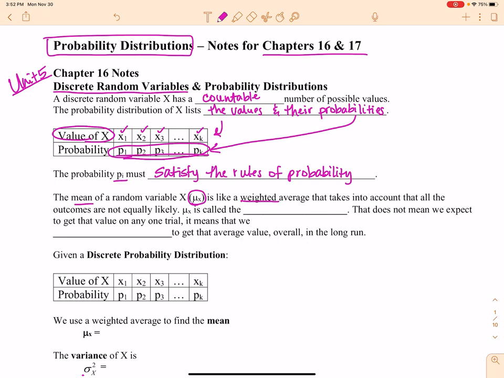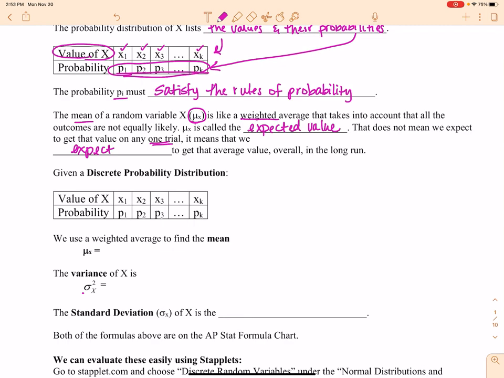I know you all know what that is. The mu is called the expected value. That does not mean we expect to get that value on any one trial. It means we expect that average in the long run, after a lot of samples are taken. Keep that in mind, because it will come up again when we look at more examples.